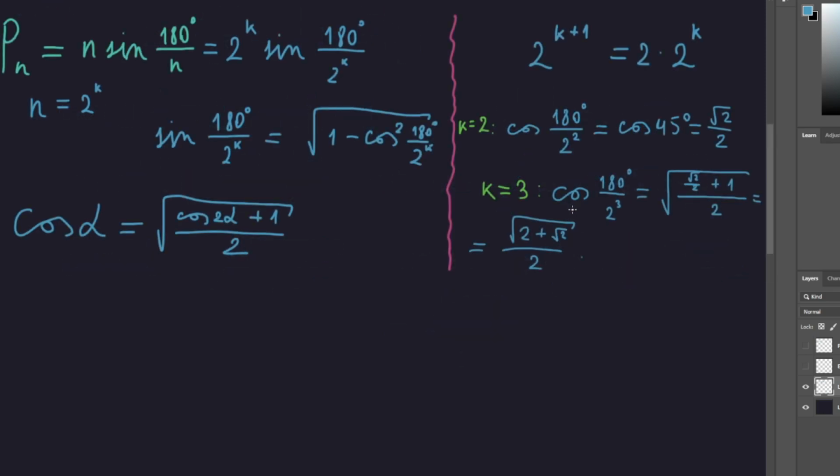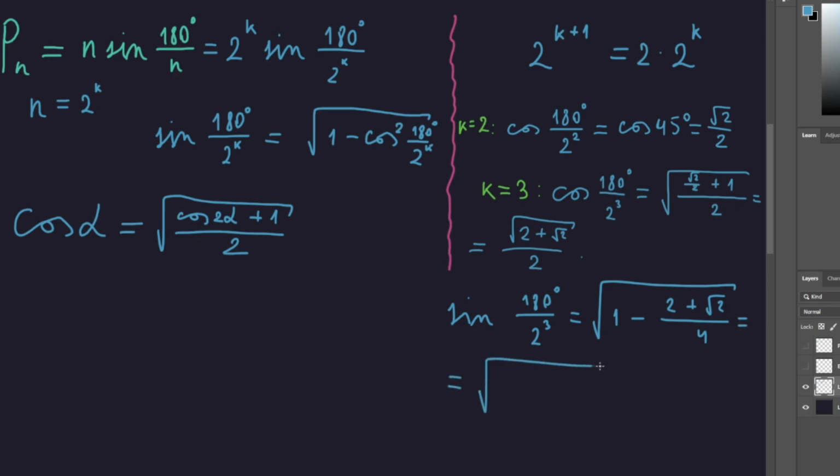Okay, we found cosine of that angle, but sine of that angle can be found using this formula right here. So if we put everything we know into that formula, we'll get something like this. And when simplified, it will look like 2 minus square root of 2 divided by 4. That means 2 minus square root of 2 divided by 2.